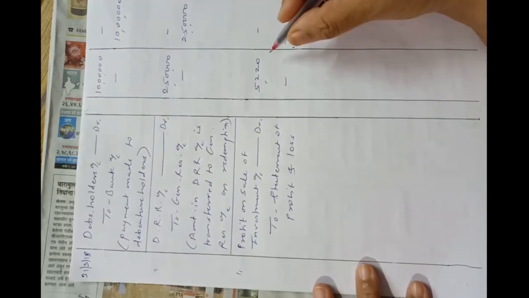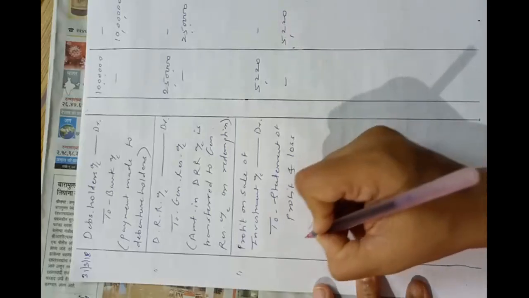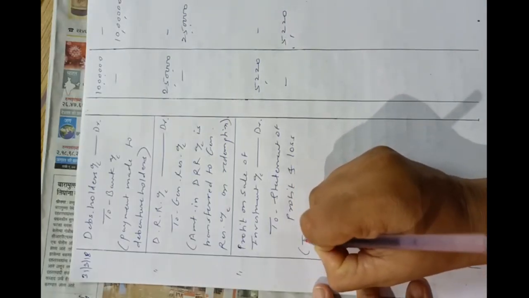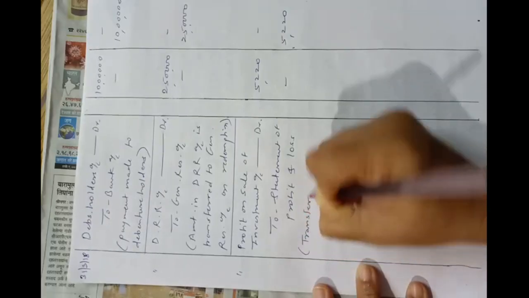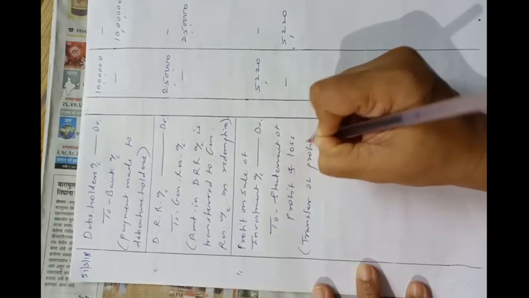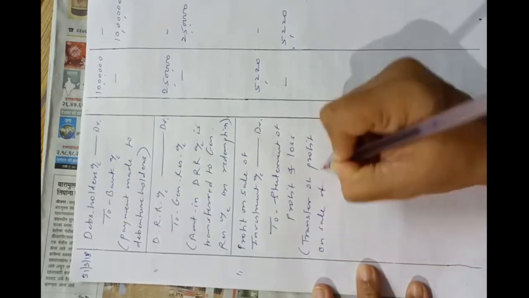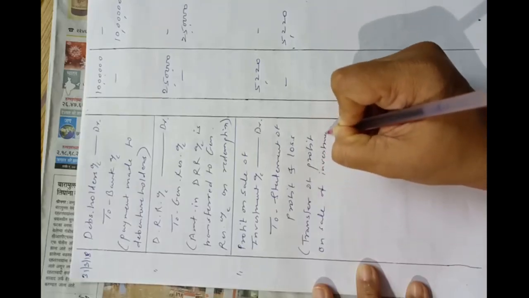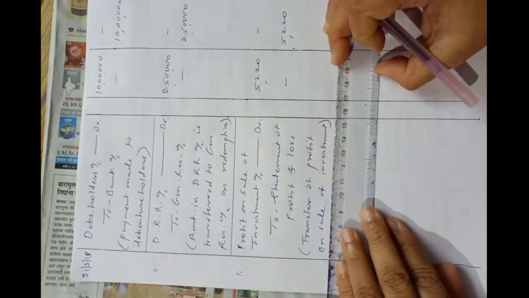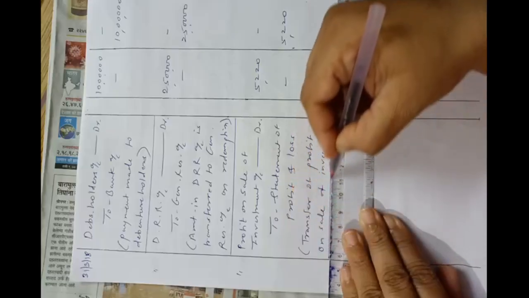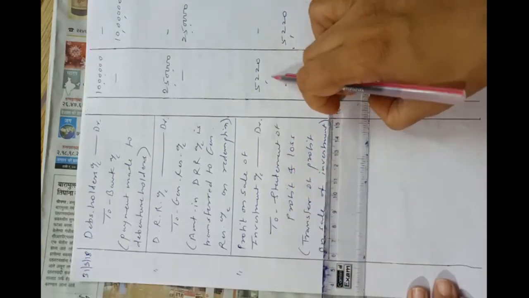Statement of profit and loss is the name of profit and loss account in case of company accounts. Narration: transfer of profit on sale of investment, or you can write profit on sale of investment transferred to statement of profit and loss, etc.